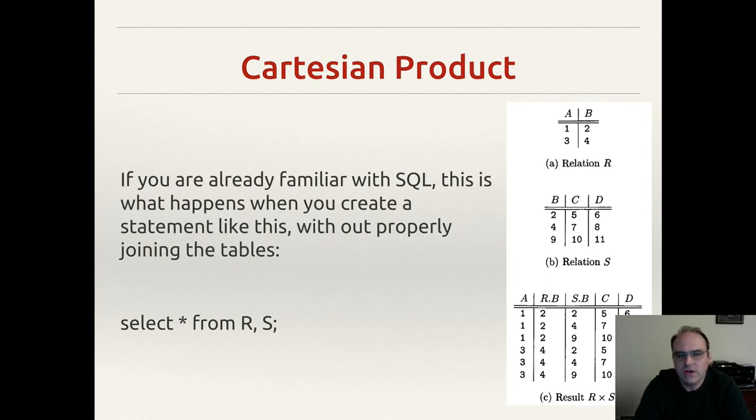And if you've ever done this and your tables were larger than these, you probably remember that this can be a problem. This kind of query can slow things down immensely because, imagine that this is no longer 2 and 3 rows. Imagine that it's like 150,000 and a million.